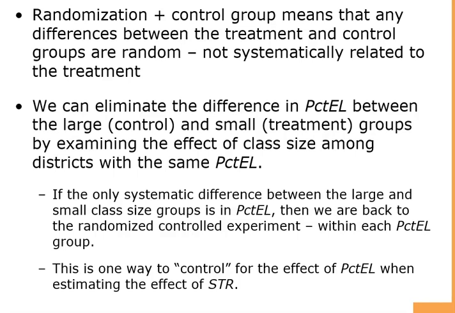So we can pretty much eliminate the difference in percentage of English learners between the large and small treatment groups by examining the effect of class size among districts with the same percentage of English learners.